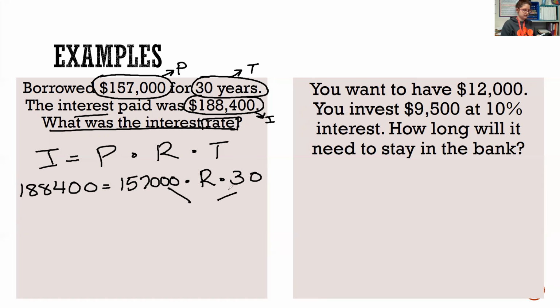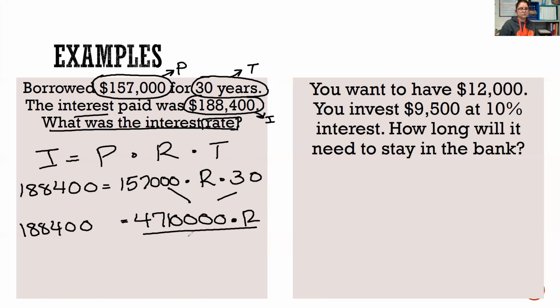So 157,000 times 30 would give us a very large number, 471 and 4 zeros, times R, 188,400. Okay, we're going to divide both sides by 4,710,000. Be careful, keep track of your zeros. It's very easy to make a mistake by not having enough zeros.